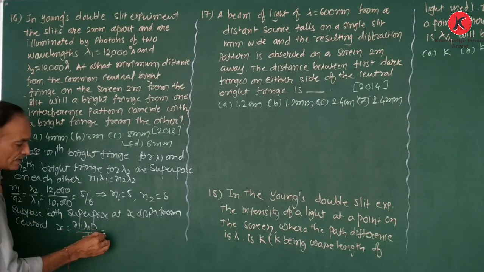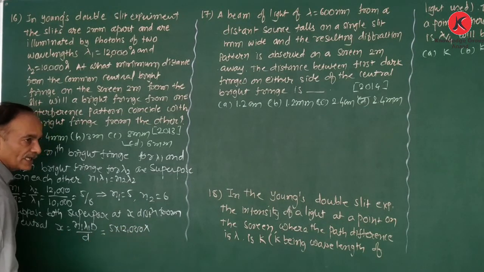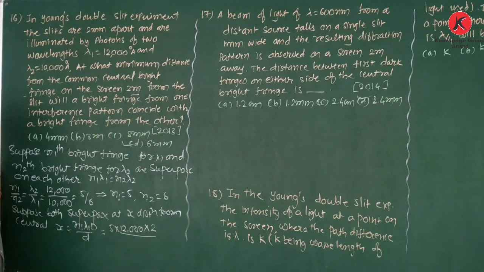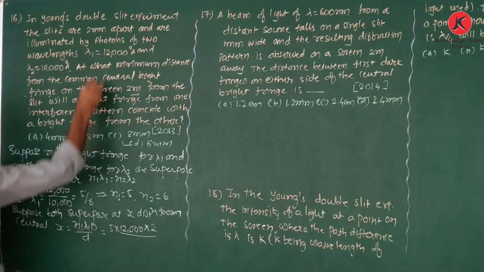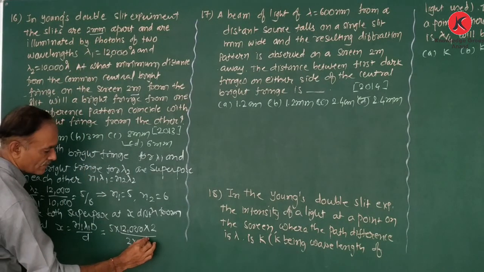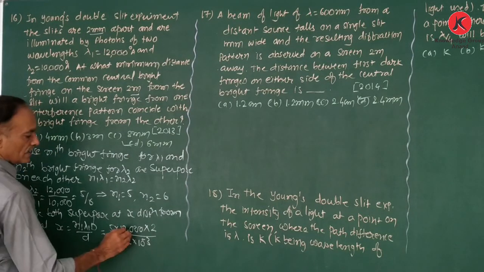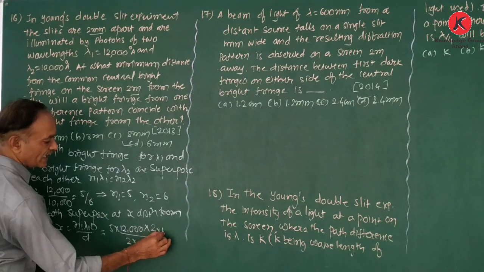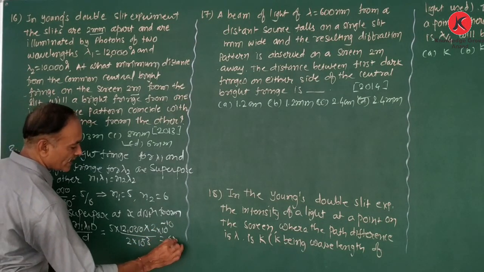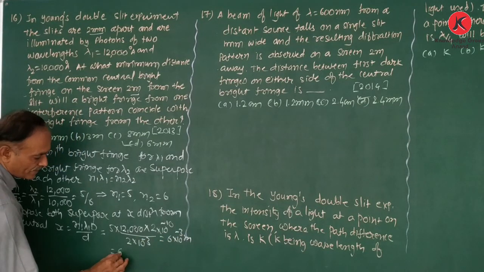N1 is the 5th order, lambda 1 is 12,000 angstrom, capital D is 2 meter as already given, and the slit separation is given as 2 millimeter, so 2 into 10 to the power minus 3. Therefore, the 12,000 angstrom means 12,000 into 10 to the power minus 10 meter. Therefore, the result is 6 into 10 to the power minus 3 meter, that means 6 millimeter.